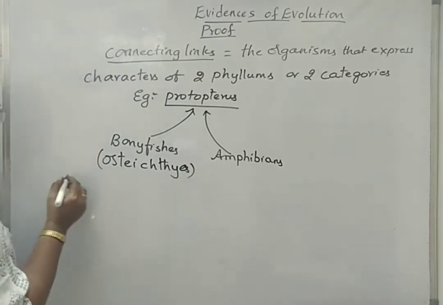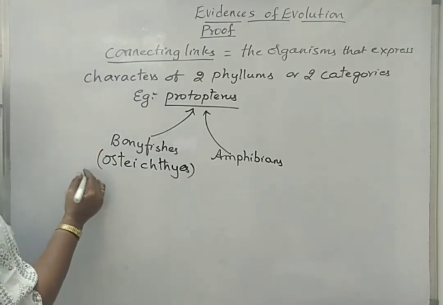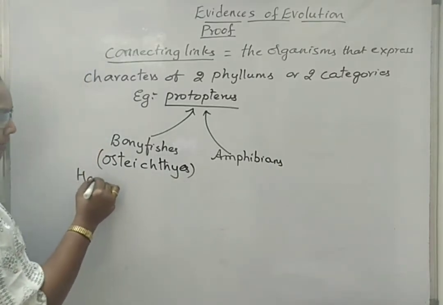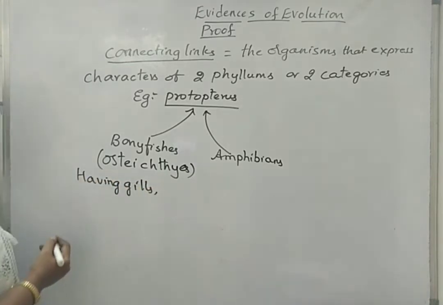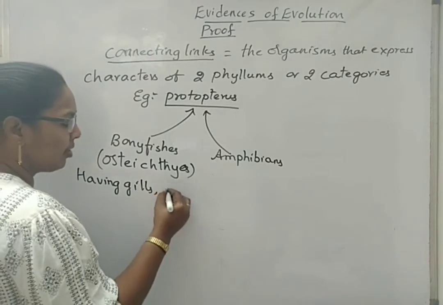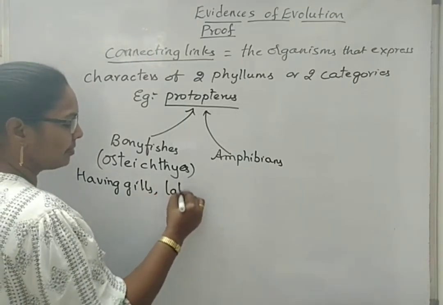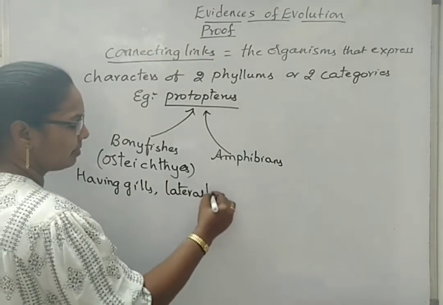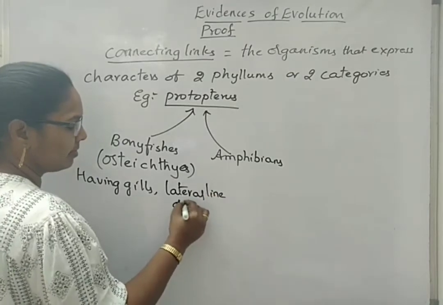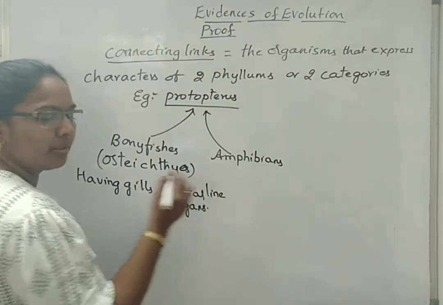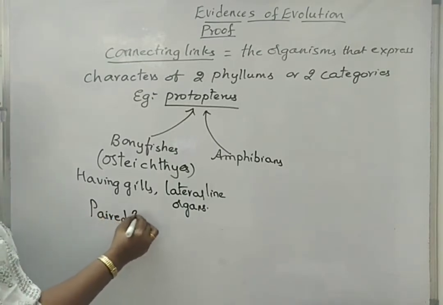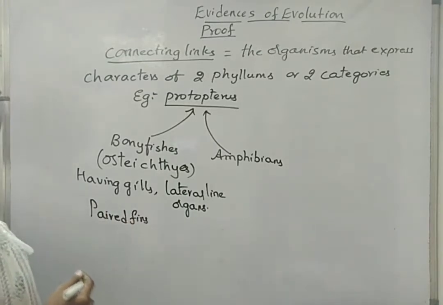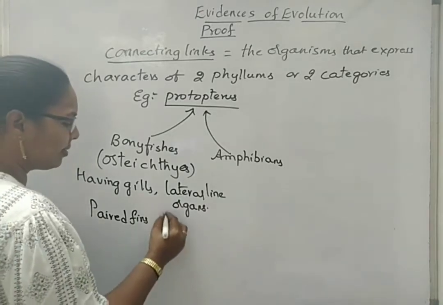Next, what are the characters of bony fishes? Having gills, lateral line organs, paired fins, and also dermal skin.